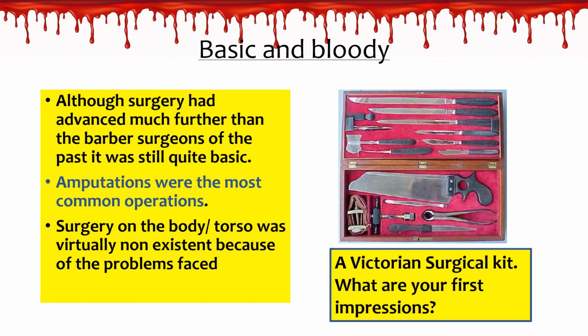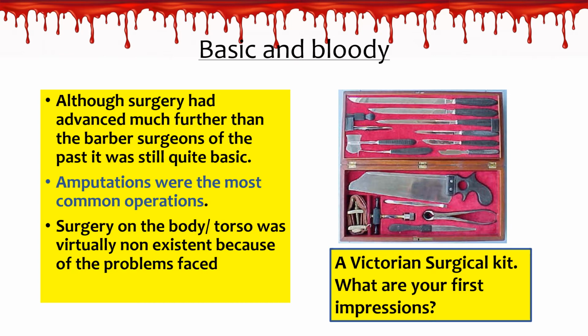So surgery was very basic and obviously very bloody. And you can see that I didn't actually talk about the picture that was on the previous slide, but that was a picture of a Victorian operating theatre, and it fits in with what we saw on that first picture of that guy being held down for an operation. So this gives us some idea.